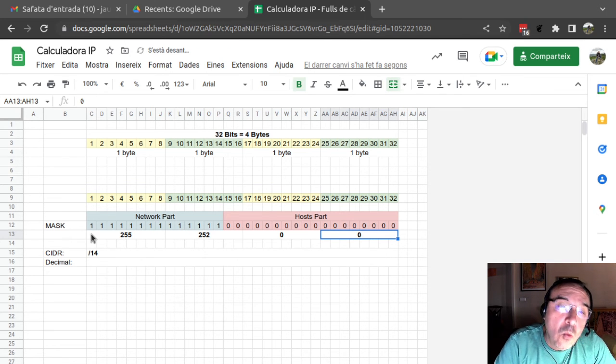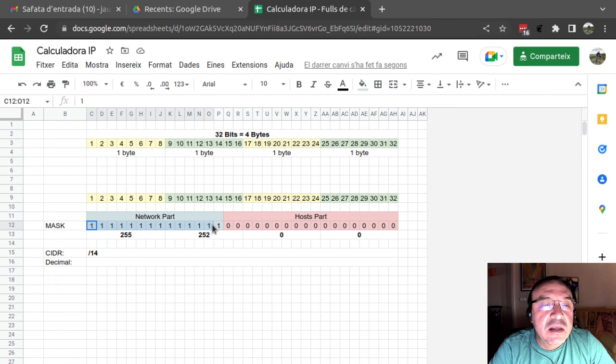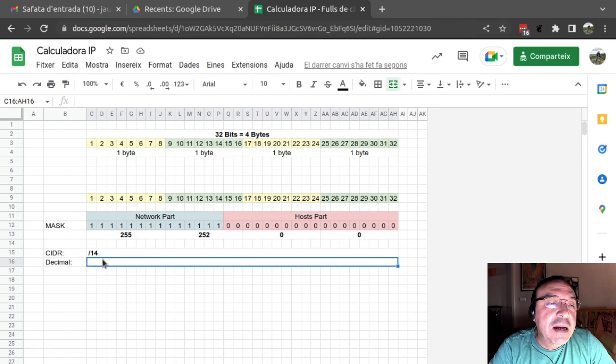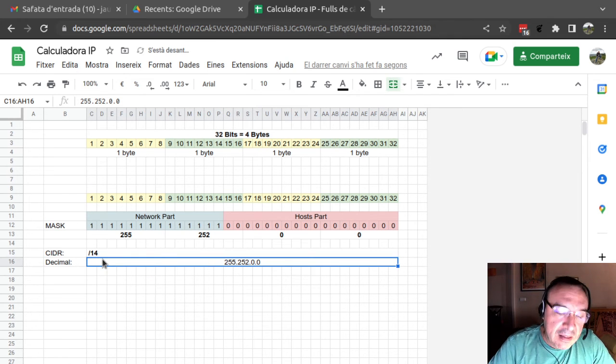Okay, so we have that our /14 mask, which has 14 bits in the network part, has a decimal mask of 255.252.0.0. That will be the decimal expression of that mask.